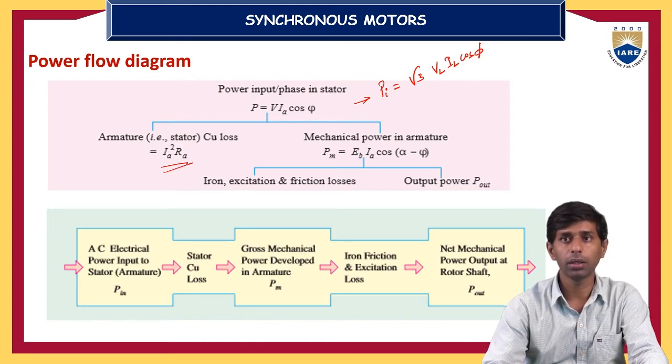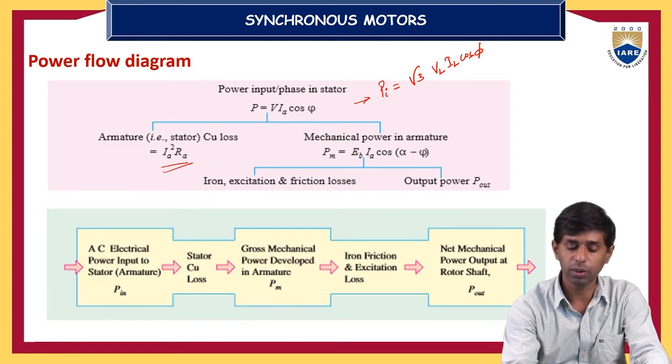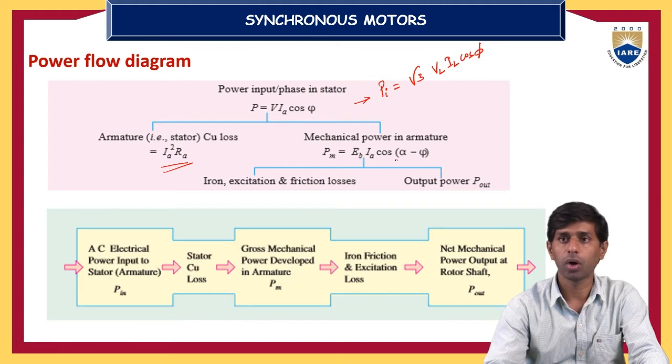The rest is the mechanical power in the armature, which is equal to E_b Ia cos (alpha minus phi). And then we have iron, excitation and frictional losses.